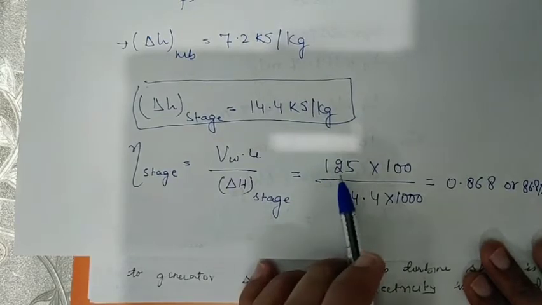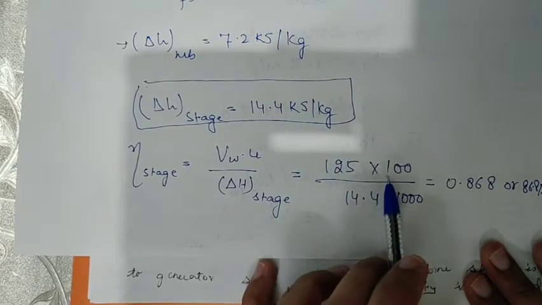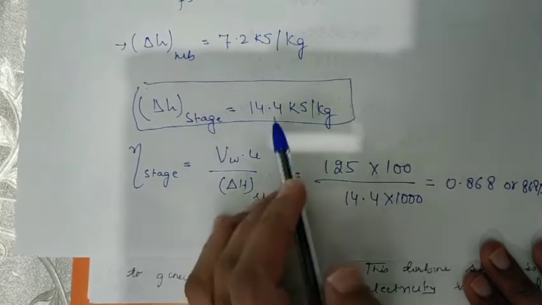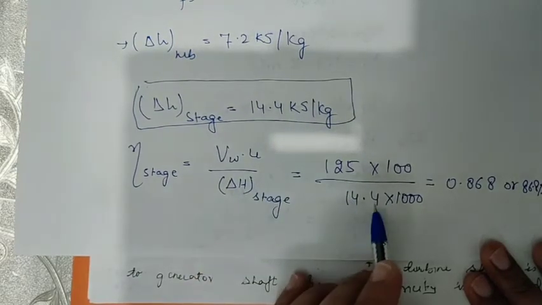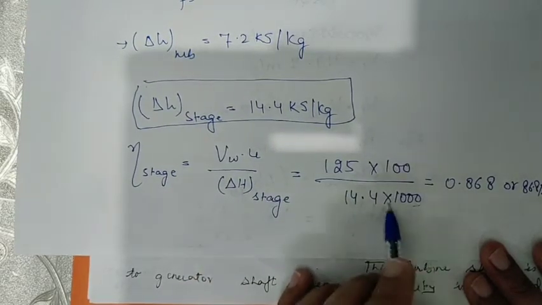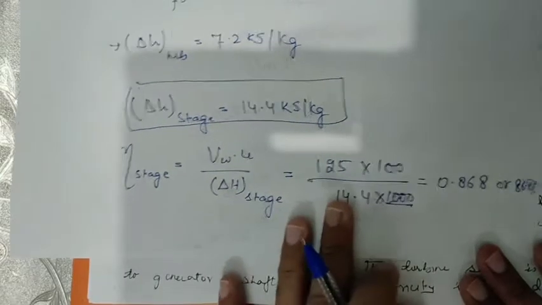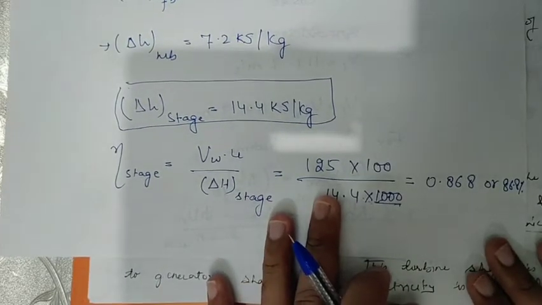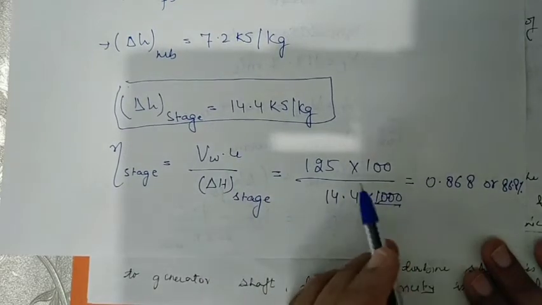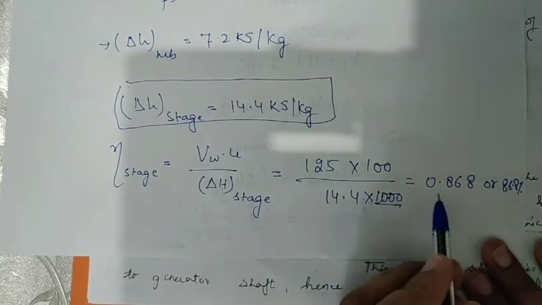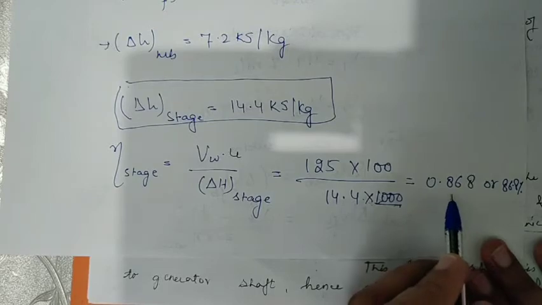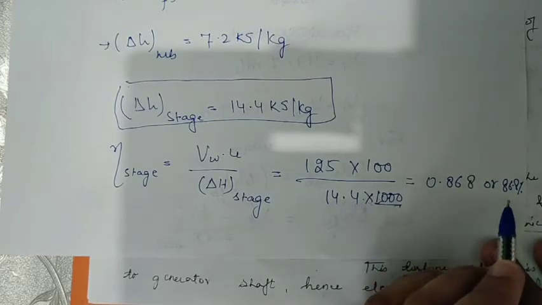VW is known to us, that is 125. U is known to us, that is 100. Delta H we have calculated, that is 14.4. We have to multiply it by 1000 because we have to convert it into joule. By solving it, we will get stage efficiency as 0.868 or 86.8%.